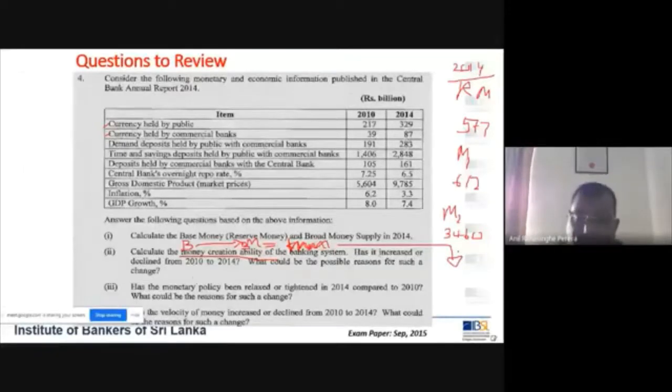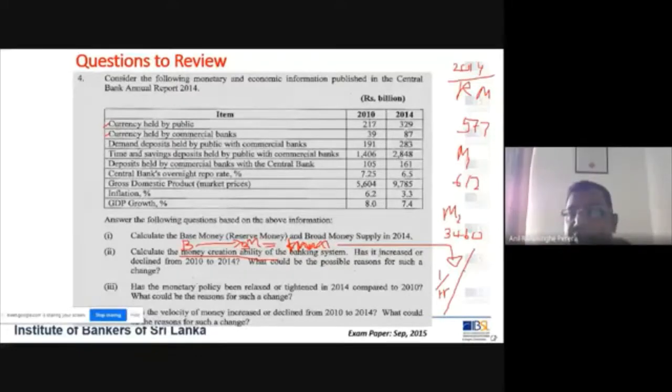Simply the ratio, isn't it? There are two ways of calculating money multiplier. One is 1 divided by the reserve ratio. Remember, we have done some examples, 1 divided by reserve ratio. The other way is what? What is the other way? How do you calculate money multiplier? Broad money. Exactly.